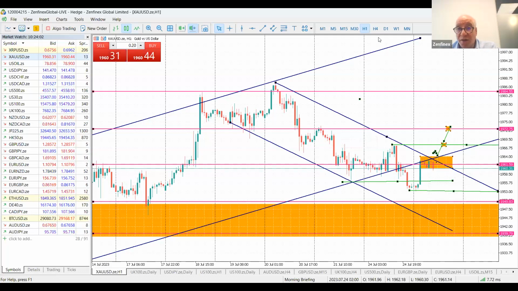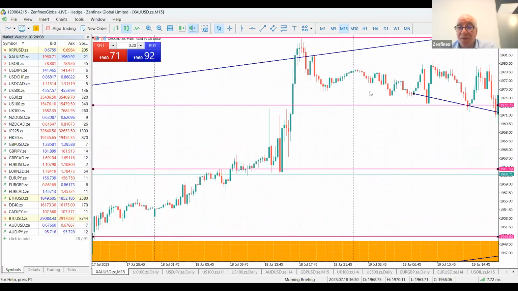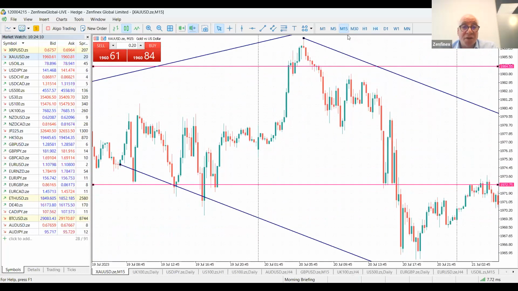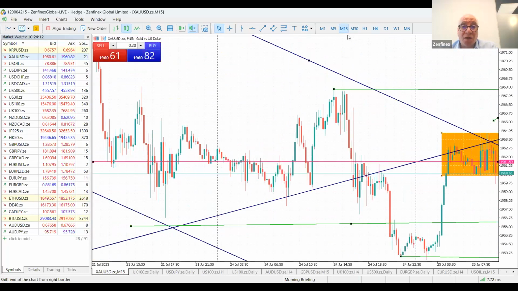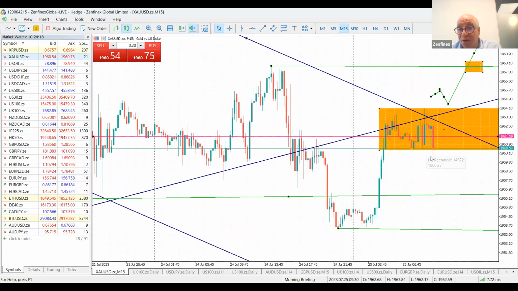I don't usually trade anything less than an hour candlestick, but let's just see what's happening, because we're getting some price action happening right now as we speak. And we're looking to see if price will close below here, or is this another liquidity grab?